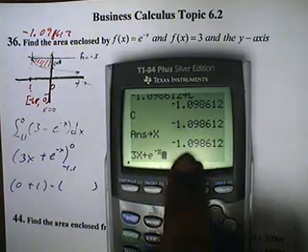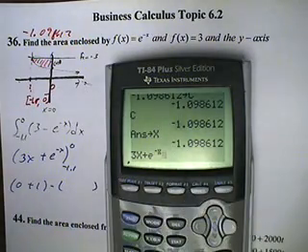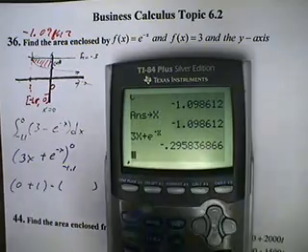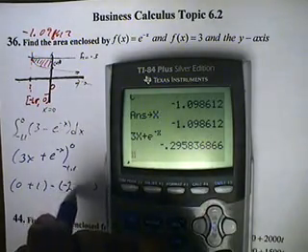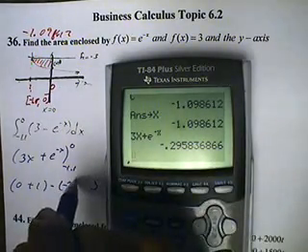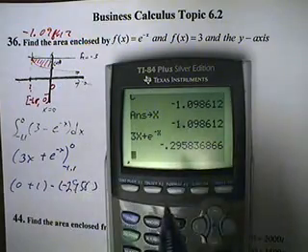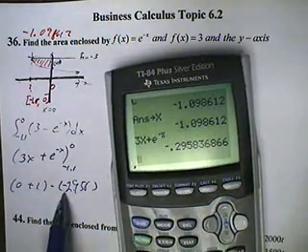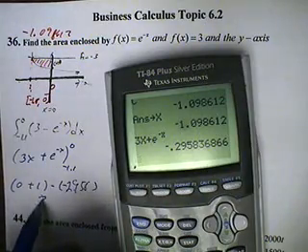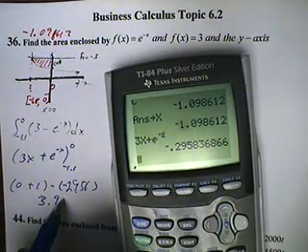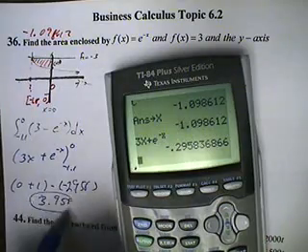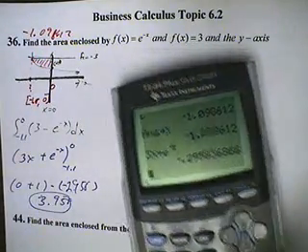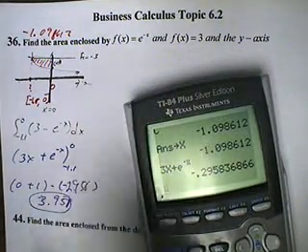Okay, and now it's going to put that number in there for x in both places. And so I get a negative 2.958. And I have double negatives, that's going to be a positive, so it's going to end up being 3.958 for the area.